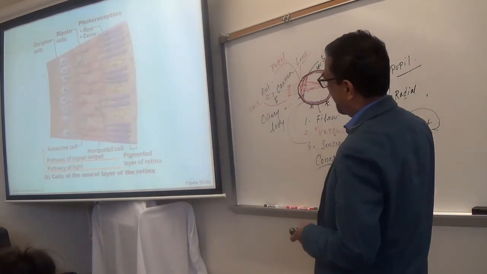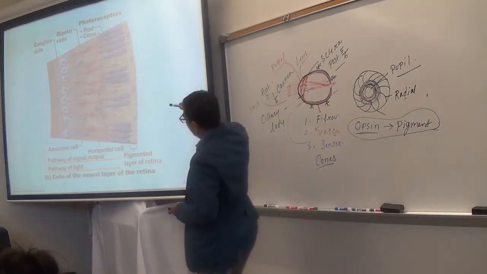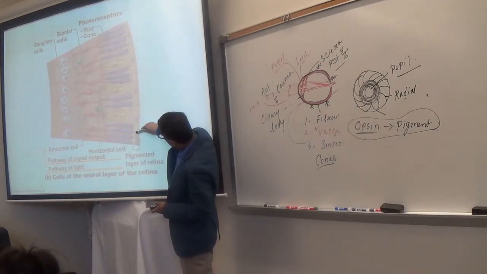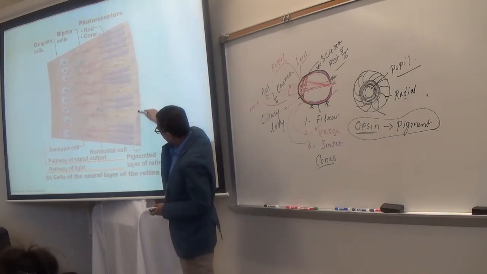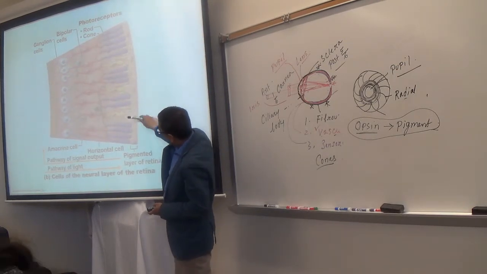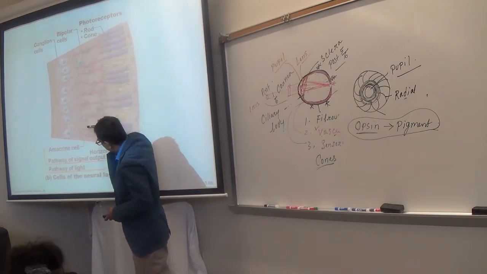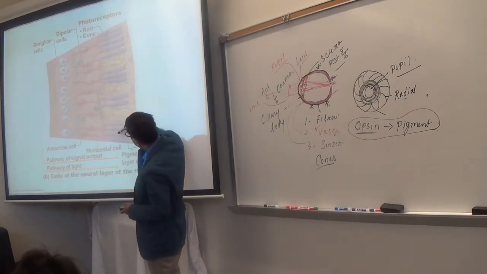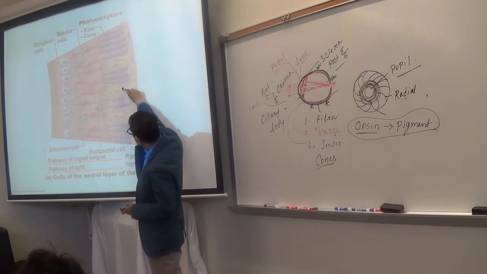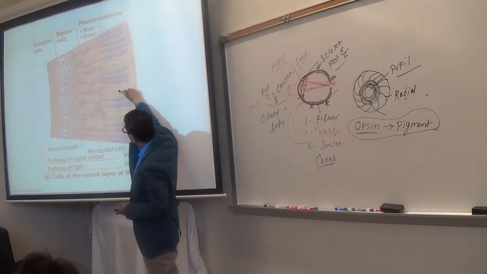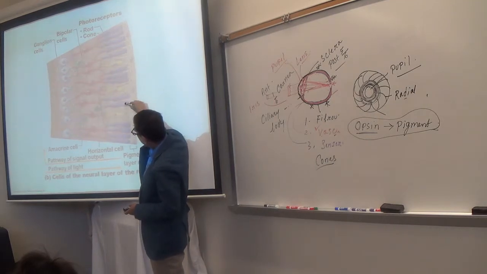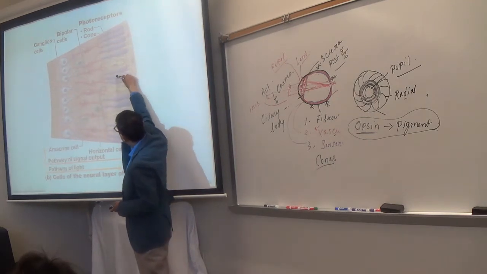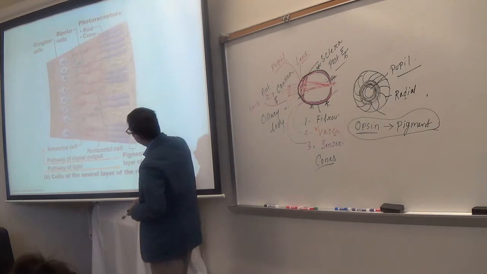So now you see more clearly here. This is the pigmented layer. These are the pigments, which absorb the light, and this is the neural layer, where you have the rods and these are cones. Yellow ones are cones because they look cone shaped, and these are like bars, rods. So these are the rods.